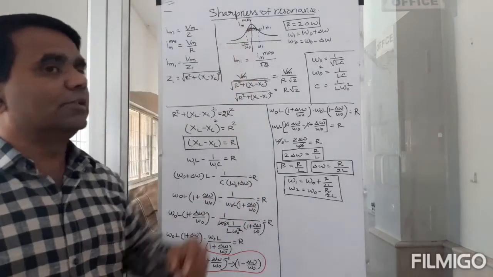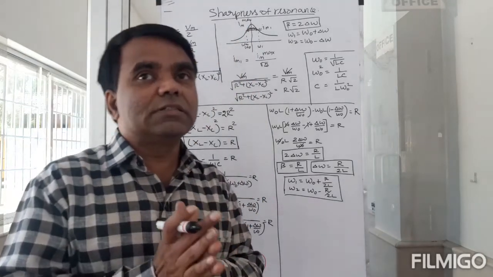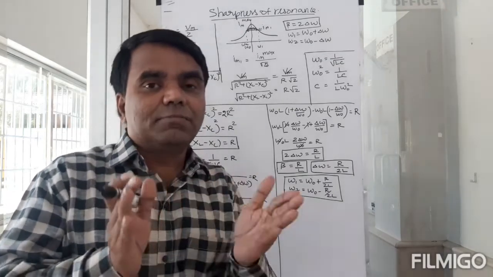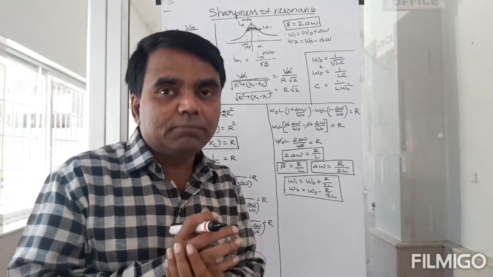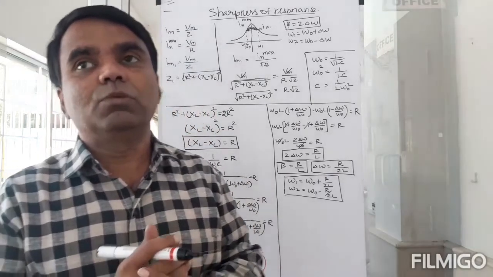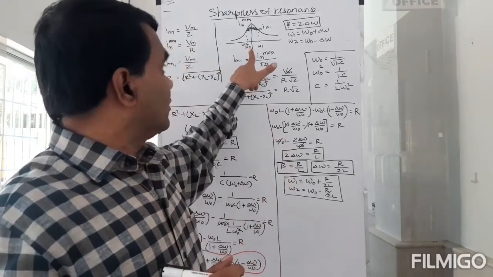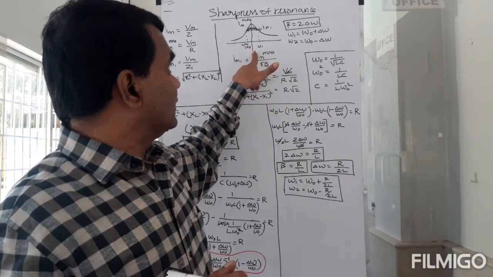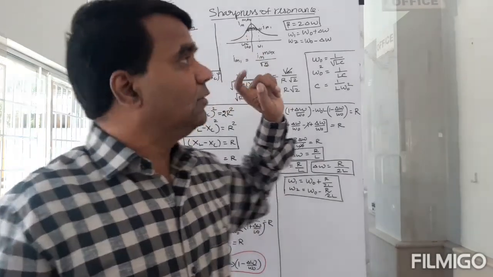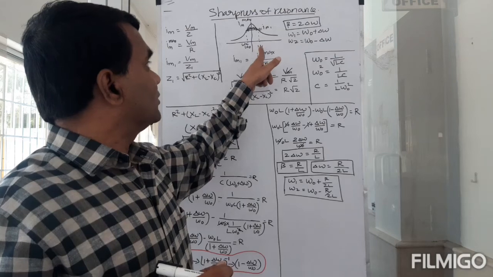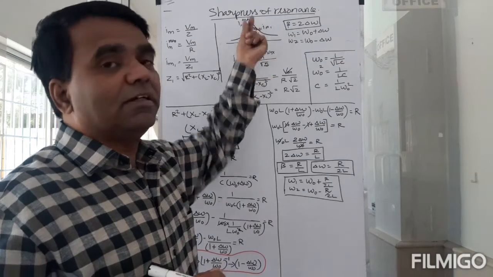So I find the bandwidth. But you see, bandwidth is alright, but bandwidth doesn't give you the entire picture. Why? That is because, suppose your omega naught is 100 and this delta omega is 5.